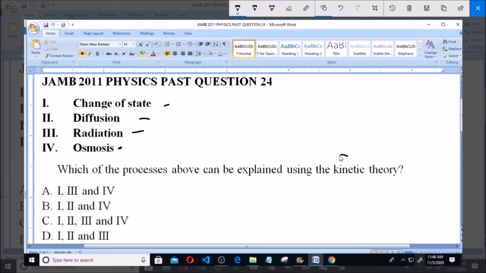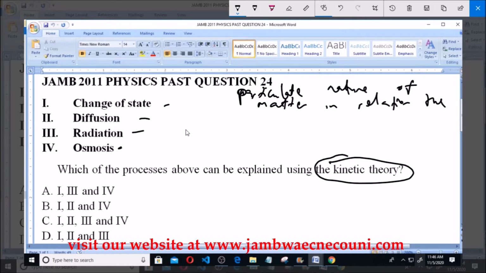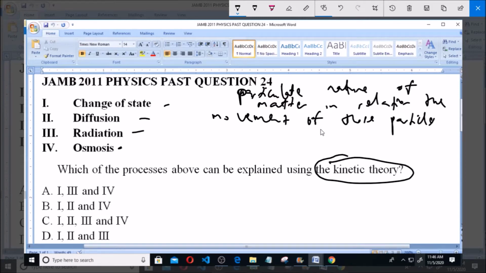Now, the kinetic theory is basically a scientific theory that describes the particulate nature of matter in relation to the movement of those particles, with change in certain factors, with the most notable of those factors being temperature.